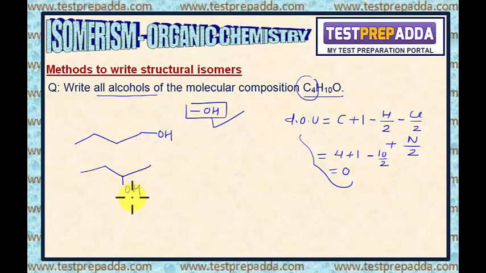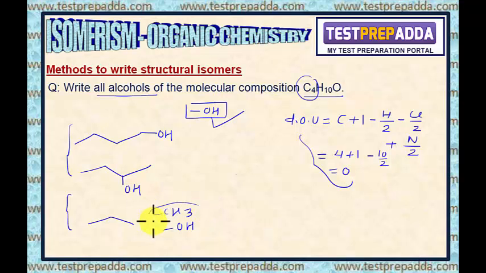Now if I try to place this OH here, it will be the same case as this one. Now what will you do? You will decrease one carbon atom in the parent chain. So now the parent chain you will write with 3 carbon atoms. 1, 2, 3. Now one CH3 you have and one OH you have for the position.